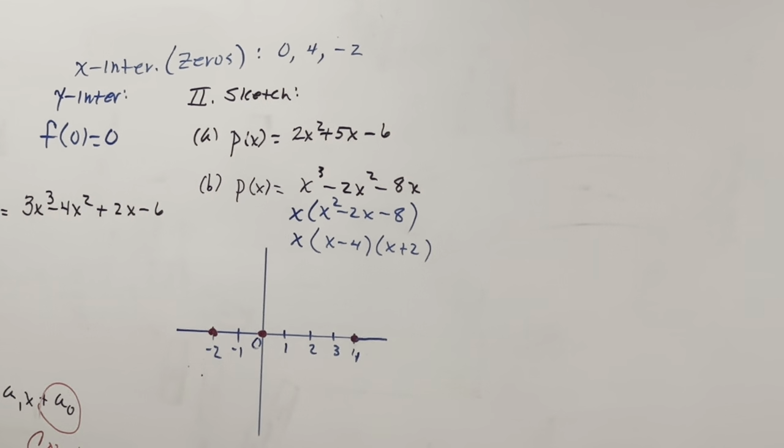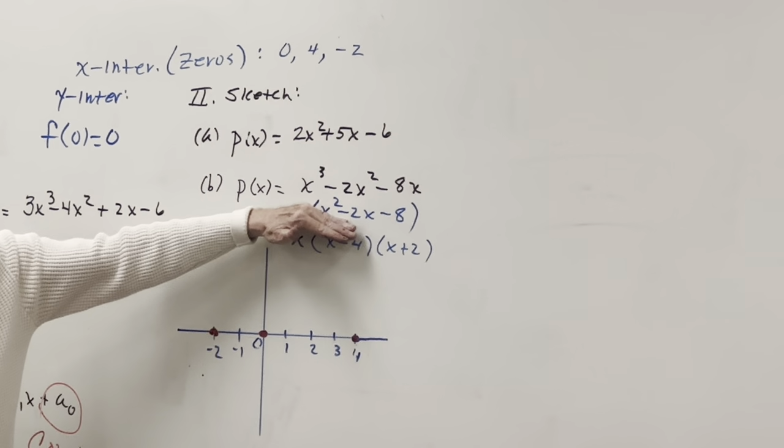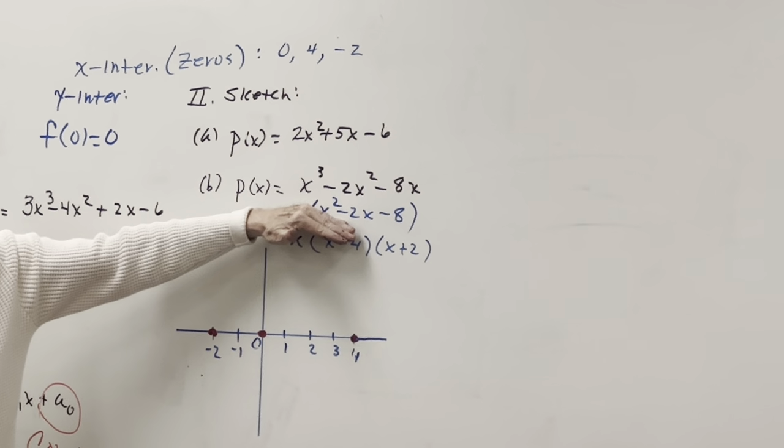Now, does anyone have an idea of how I can make sure? Student: Would it be helpful to individually find the minimum and maximum? You know what, if I were teaching Math 7, I would ask you to find the max and the min on this cubic.